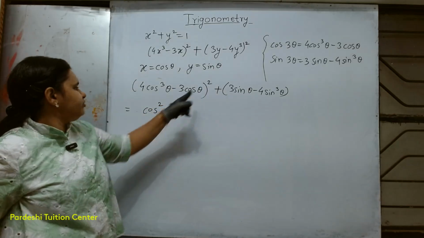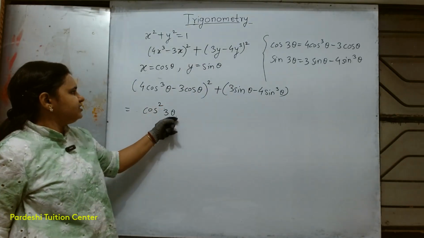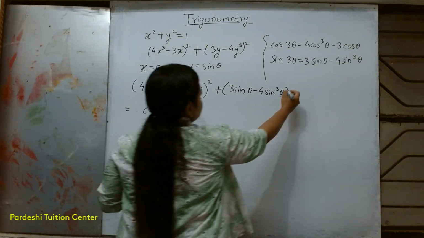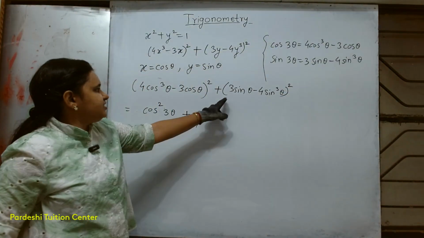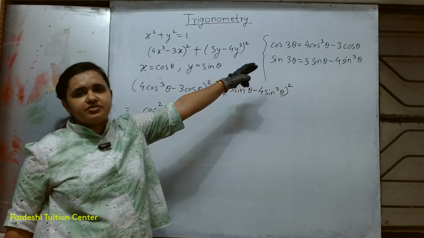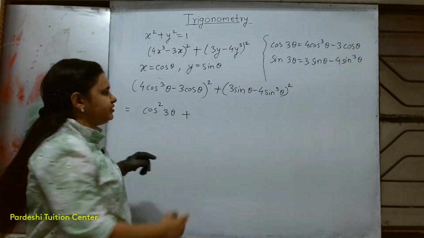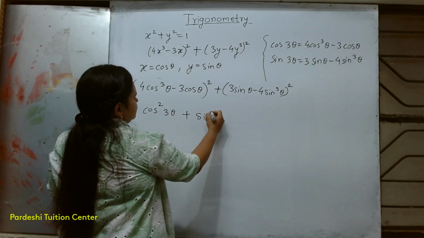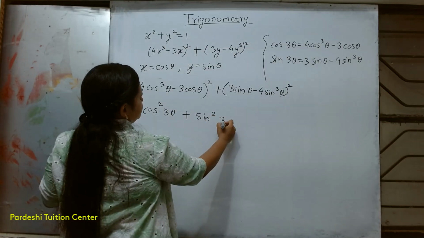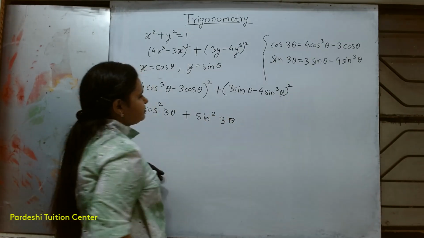As it is square, we can write cos square 3 theta, plus here it is also square. So 3 sin theta minus 4 sin cube theta is the formula of sin 3 theta, but it is square, so we will write sin square of 3 theta.